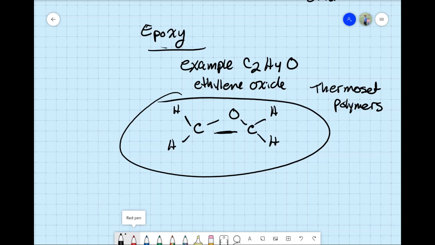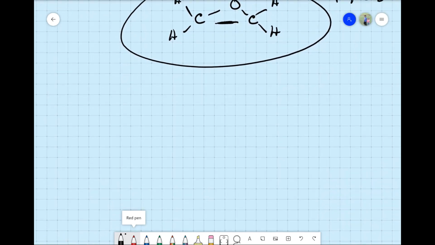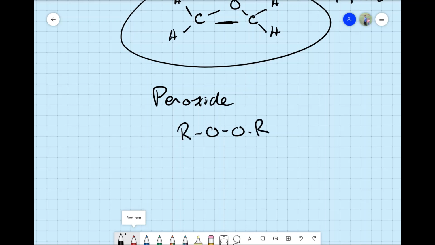Another oxygen-containing compound is a peroxide. So peroxide would have the ROOR, or hydrocarbon, oxygen, oxygen, hydrocarbon kind of structure. An example is a benzoyl peroxide.